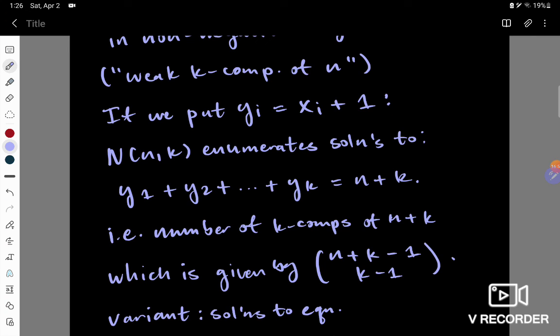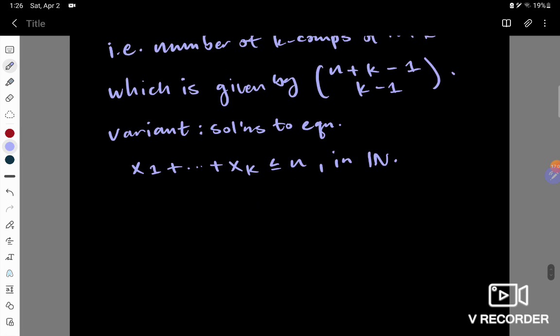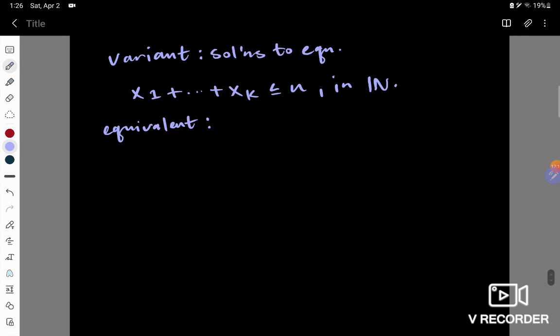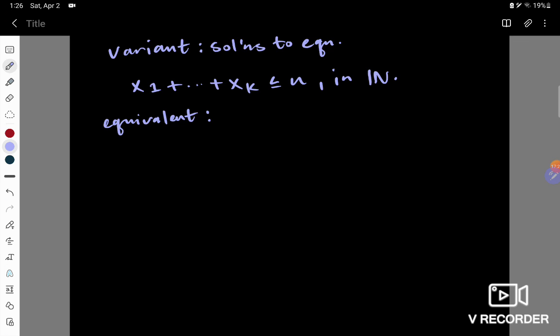We call it a slack variable because it's sort of giving room to the equation by introducing this new variable and then working around it. So introduce an equivalent problem: we want to find x1 plus until xk plus y, which is strictly equal to n. It's covering this discrepancy that makes it less than or equal to, and y ranges from 0 to whatever it goes up to, right?